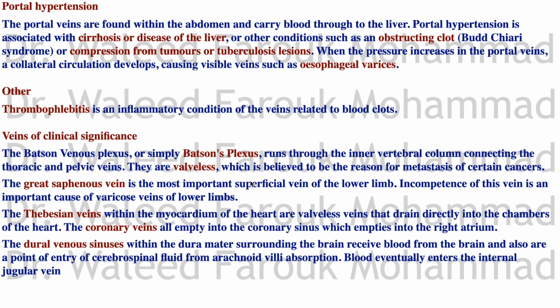Portal hypertension. The portal veins are in the abdomen, and portal hypertension is associated with cirrhosis or diseases of the liver, or conditions where there is an obstructing clot in the liver, like Budd-Chiari syndrome, or compression from tumors or TB lesions, tuberculosis lesions.